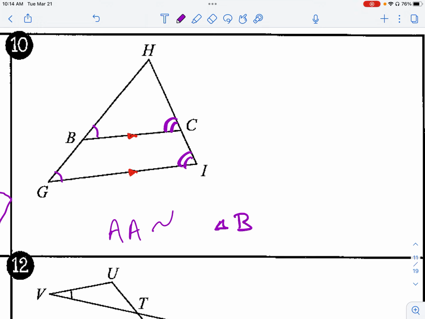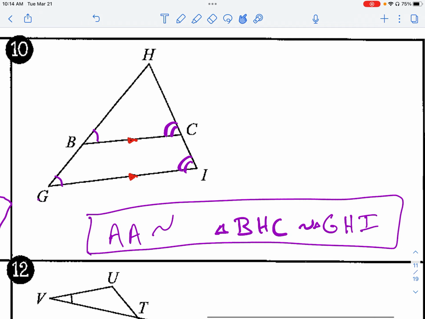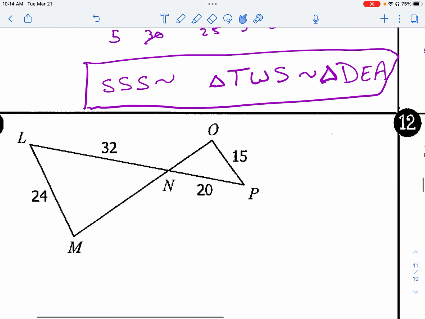And we'll do the little triangle first. We'll do 1 up to the point, down to 2. So then we'll start at 1, which is G. Triangle G, up to the point, that's H, and then down to 2, which is I. We've got a similarity statement. All the corresponding parts match up. And we can move on from that one.